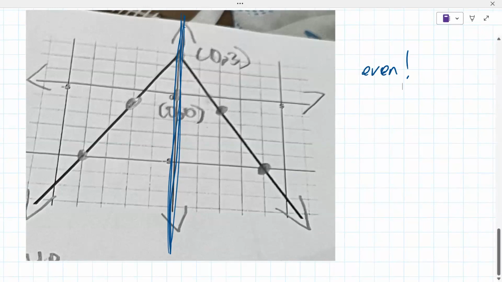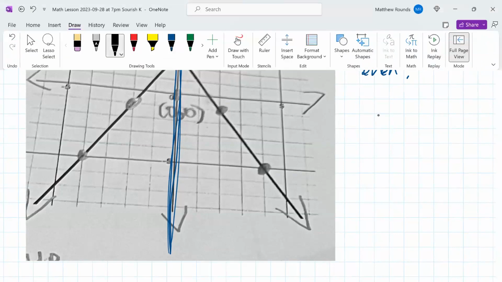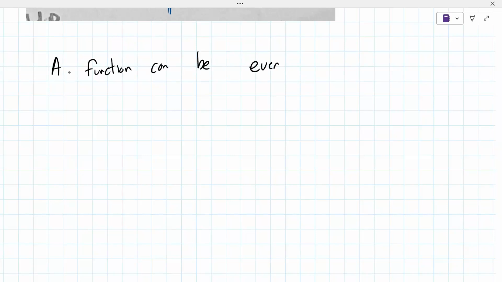Do you remember the other possibility for a function? If it's not even, what else could it be?